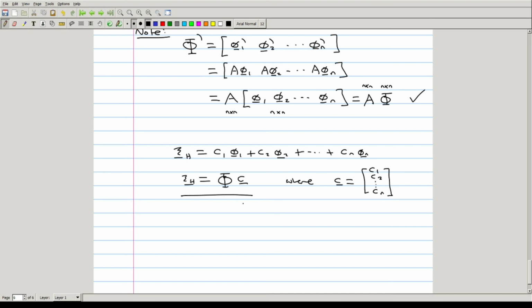This is a very neat way of viewing the general solution to the homogeneous form of a differential equation.